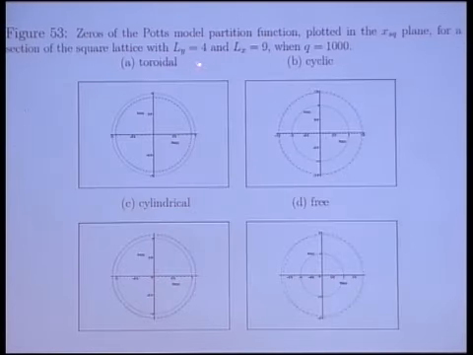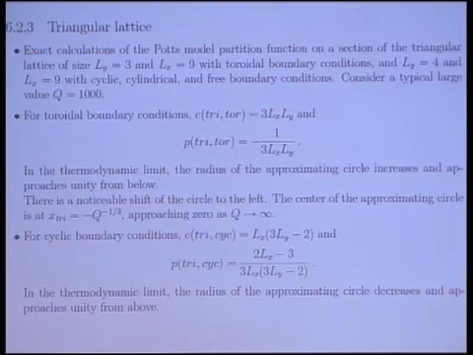If we consider a width 4, length 9 square lattice section with Q equal to 1000, the zeros are approximately located here, and we have a very good estimation by just keeping the first and last term of the partition function. This other circle is the unit circle; when we have larger and larger Q, the zeros will approach this unit circle. And we have done this for various boundary conditions.